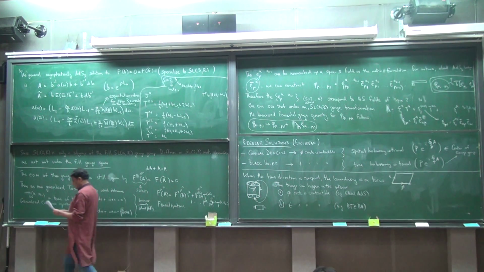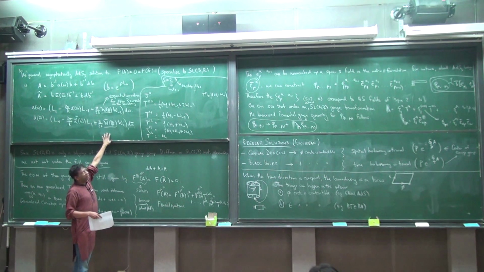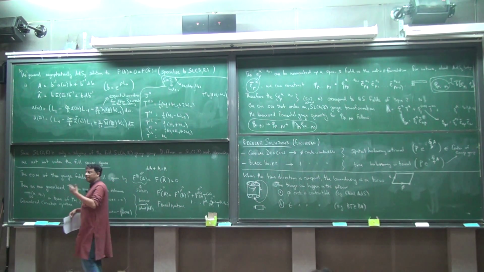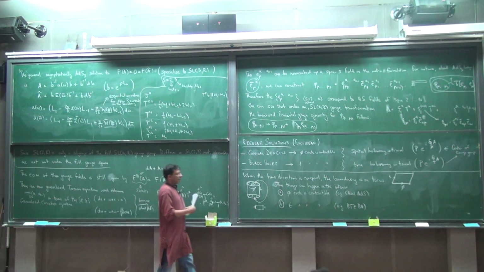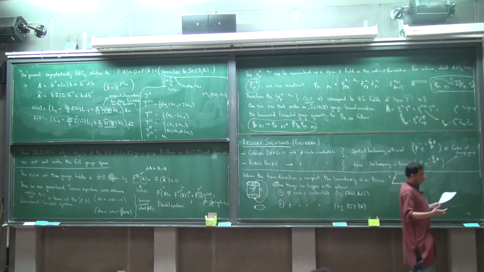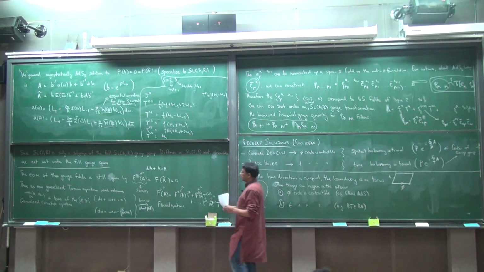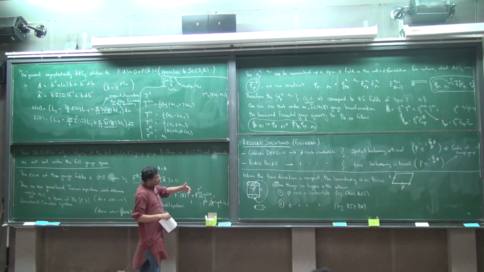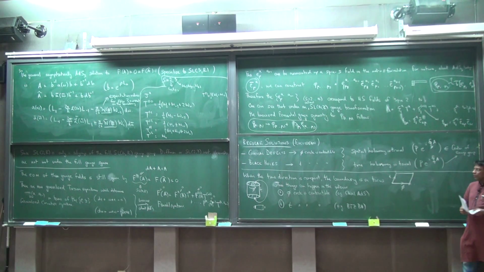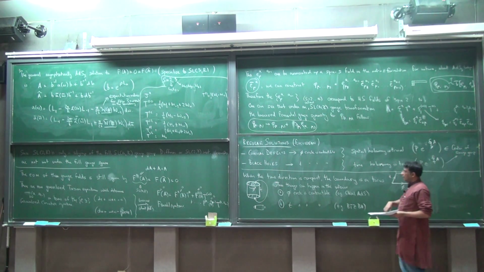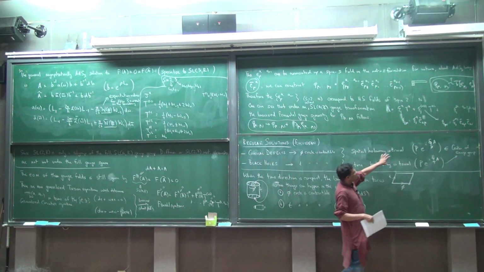So demanding regularity: these are just the local solutions. This doesn't tell you whether the solution is regular in the interior. There can be many solutions which are not necessarily regular. Demanding regularity is an additional criterion that you impose on these solutions, and that is in terms of the holonomy.